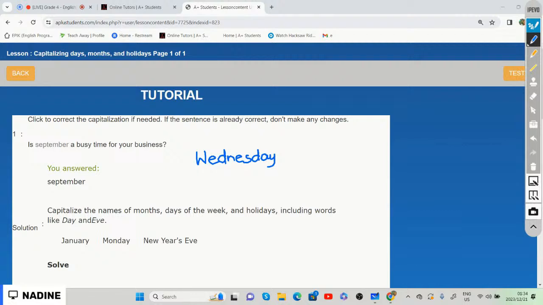And then let's write down the month of our birthday. Remember, don't forget to add the capitalization. My month of birthday is January, and as you can see, I wrote J in a capital letter.